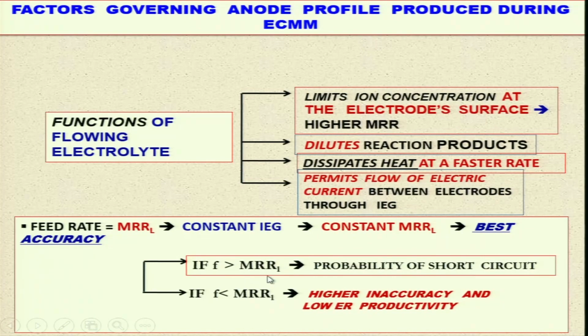That means the tool may touch the workpiece surface. If the feed rate is smaller than the linear material removal rate, then you will have higher inaccuracy and lower productivity or lower material removal rate. So, one should try to machine in ECM as well as ECMM under the equilibrium condition where feed rate is equal to linear material removal rate.